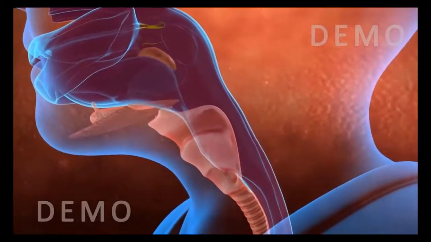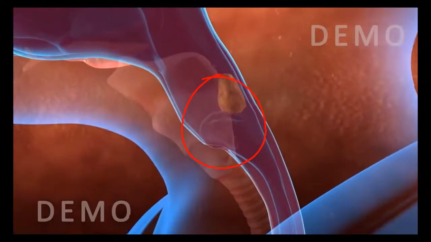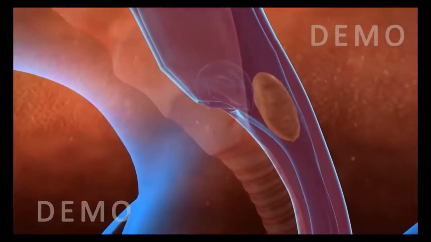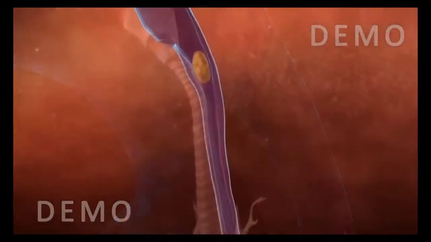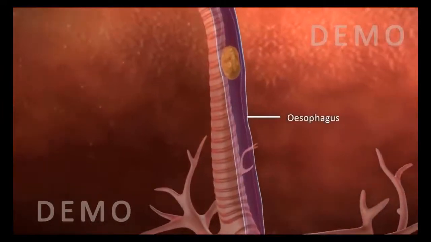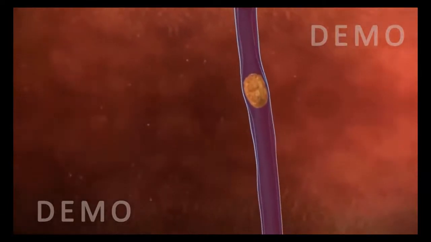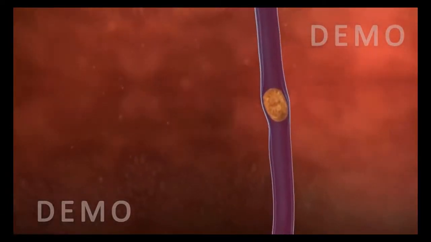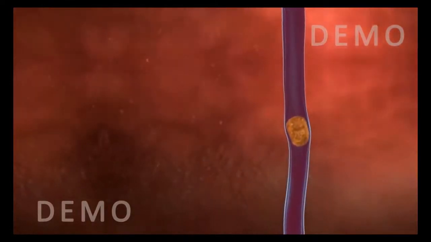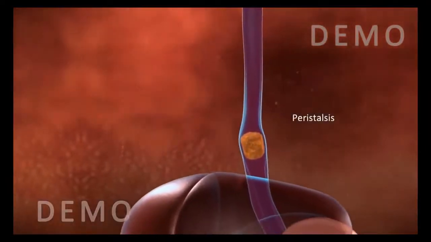When the food passes over the epiglottis, which is a flap-like structure which prevents the entry of food into the trachea, it pushes down the epiglottis. The food then enters the food pipe, or esophagus, which connects the pharynx to the stomach and is gently pushed down to the stomach by wave-like muscle contractions and relaxations known as peristalsis.